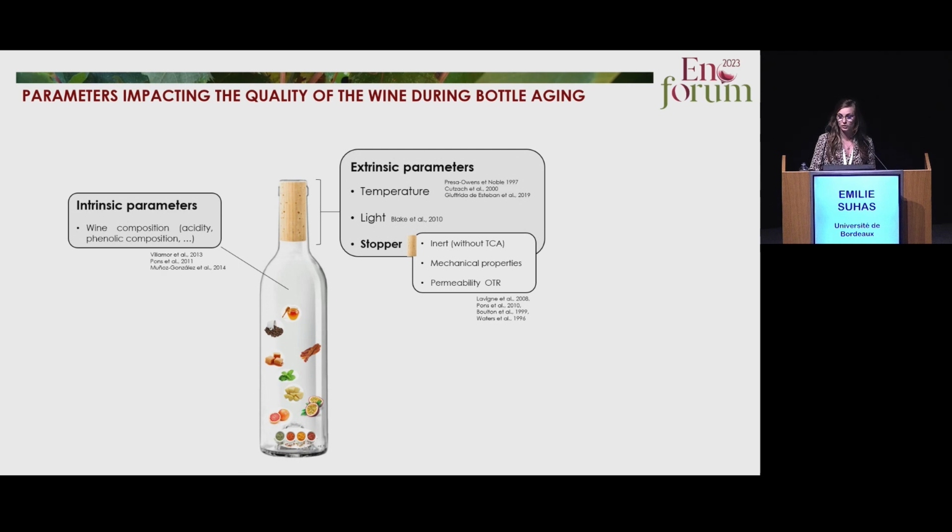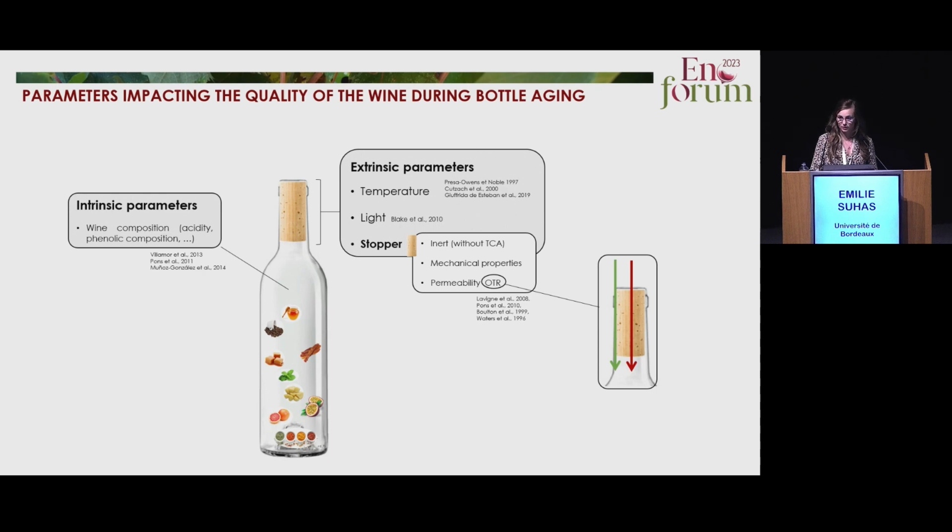In view of a good quality in evolution, we needed to choose a good quality stopper. The stopper must be inert and needs to display certain mechanical properties. The stopper or closure is where all the gaseous exchanges happen, in particular the exchanges with oxygen, that is the OTR, as Julie said.